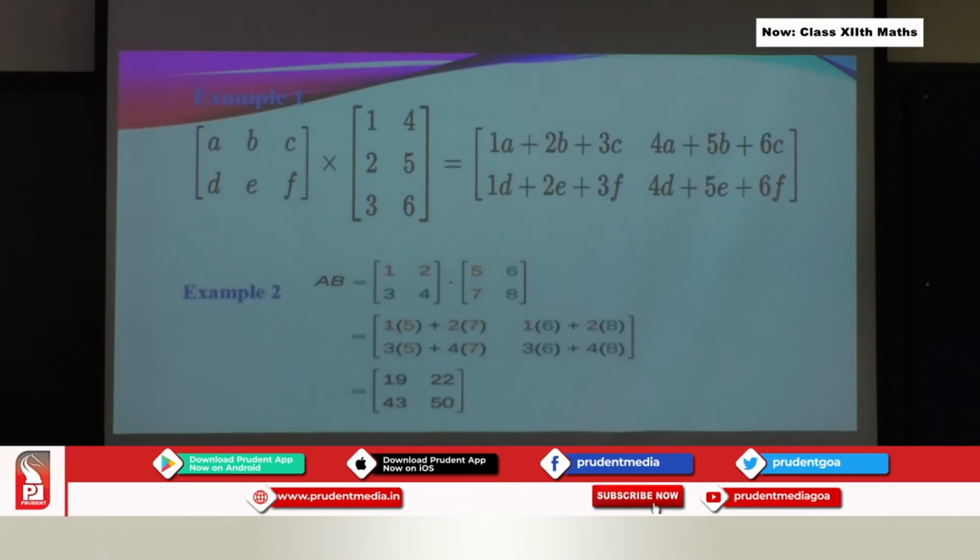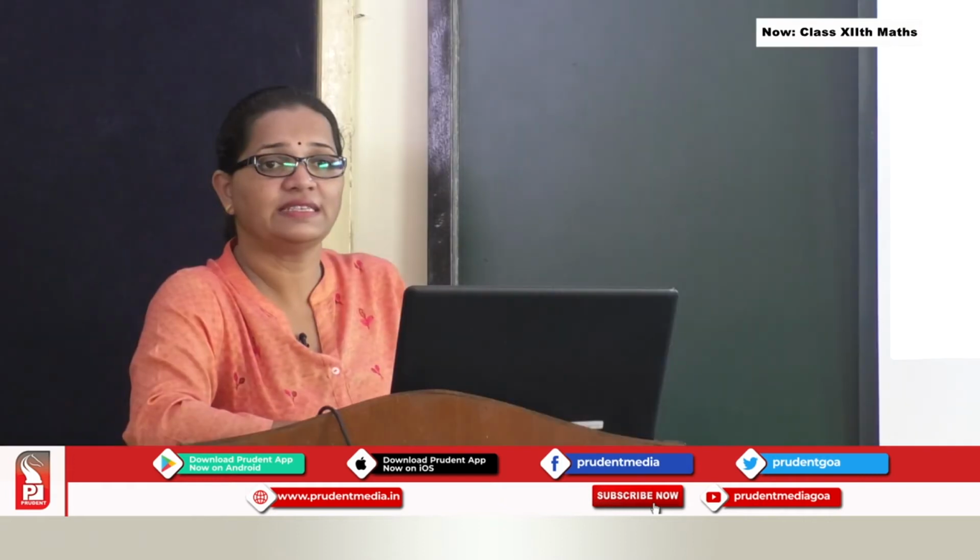Okay, so look at this now. To get my first entry A11, what did I do? Here, the first row, first column, I need to multiply and add. Look at this: A plus 2B plus 3C. Okay, I got the first entry. I am going to the first row, second entry.